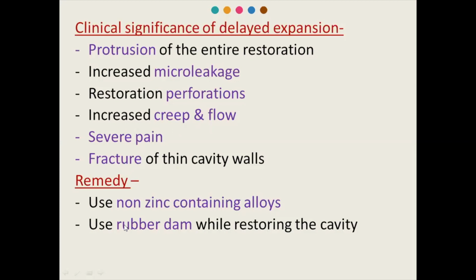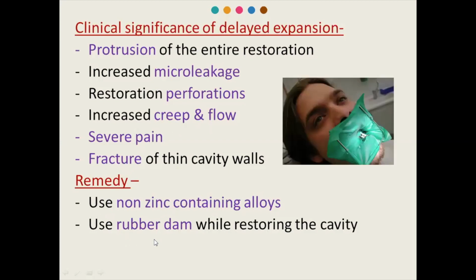So how can you prevent it? First of all, you will have to prevent the moisture contamination. Preferably use non-zinc containing alloys and use rubber dam while restoring the cavity. This is the best way. I hope you must have seen the rubber dam.